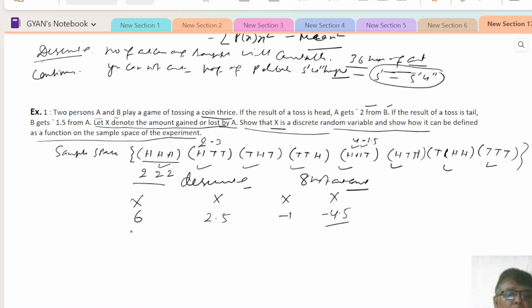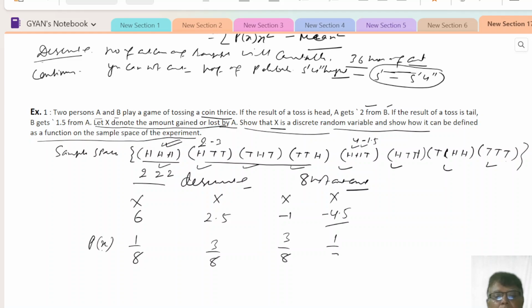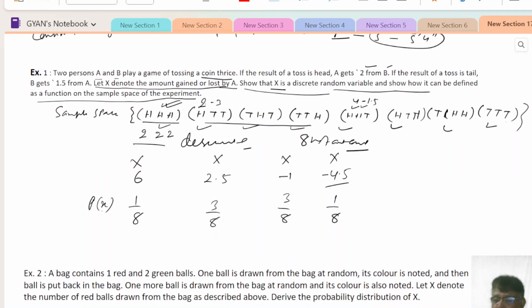So this is the random variable. Now what is the probability function? So 1 by 8, this is 3 by 8, this is also 3 by 8, and this is 1 by 8. So what will be the expectation? How much will A gain? The expectation is sigma Px into x.